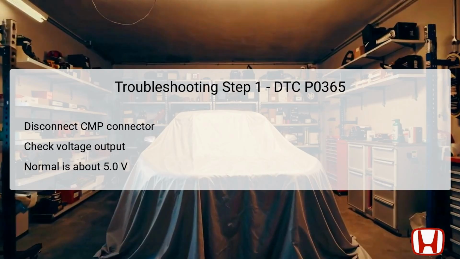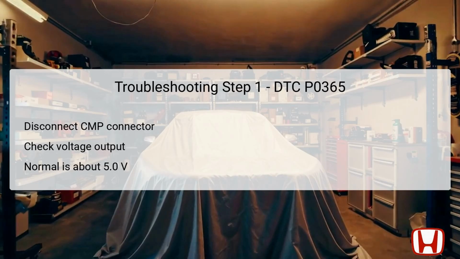To begin troubleshooting DTC P0365, the first step involves inspecting the CMP sensor B itself. Start by disconnecting the CMP sensor B connector, which has 3 pins. Once disconnected, you should check the voltage output while in the ignition IG mode. The expected normal output voltage is about 5.0 volts.